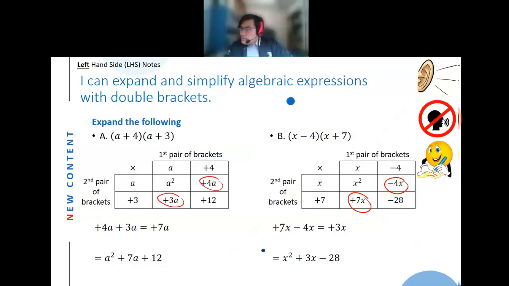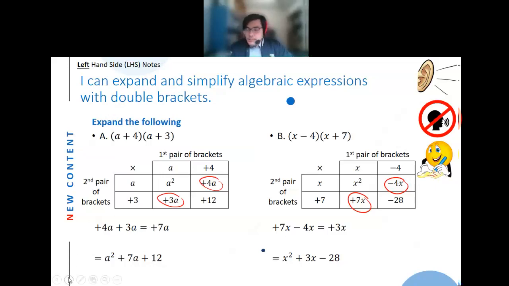So I write plus 7x minus 4x, and plus 7 minus 4, that's going to give us plus 3x. So combining everything together, we get x squared and then plus 3x, and then minus 28.